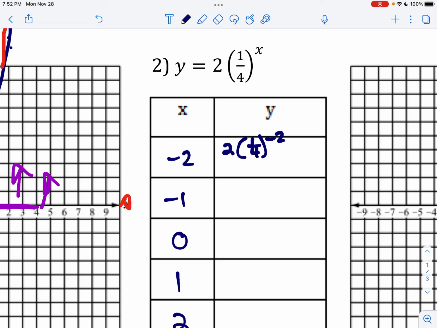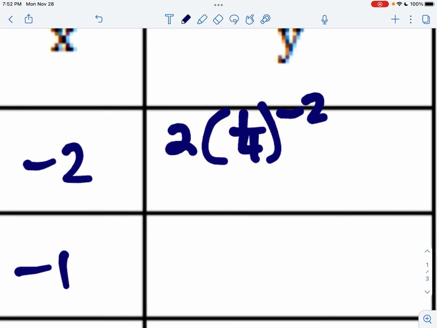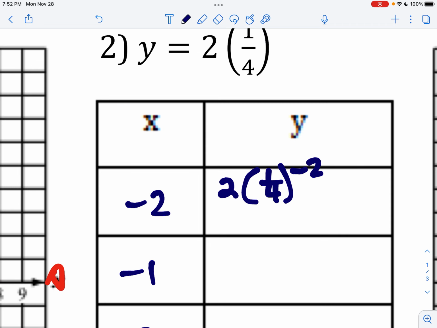So we just have to flip that over and make it a positive. Remember, when we have negative exponents, we flip the fraction and make it a positive exponent. So this is going to be 2 times 4 to the 2nd power, which is 2 times 16, which equals 32.